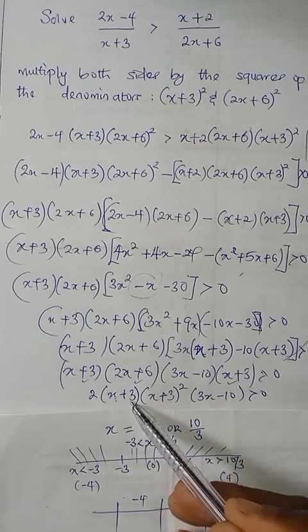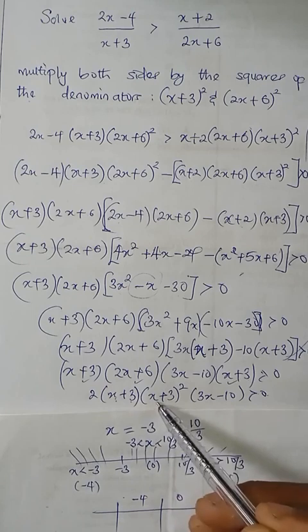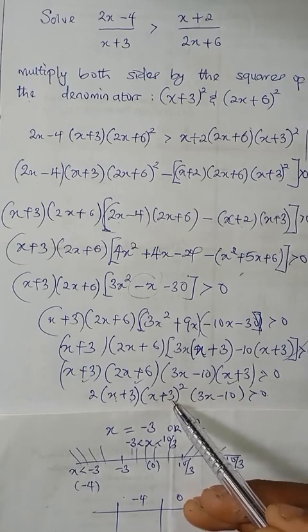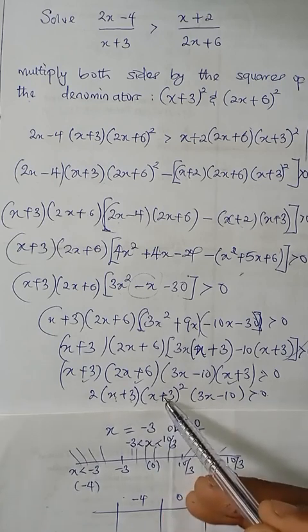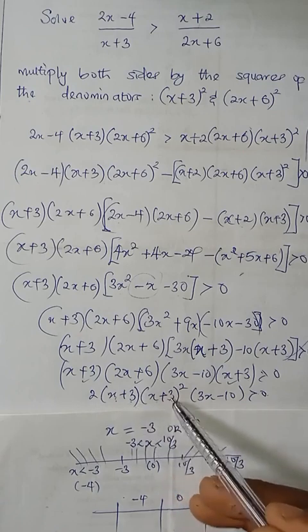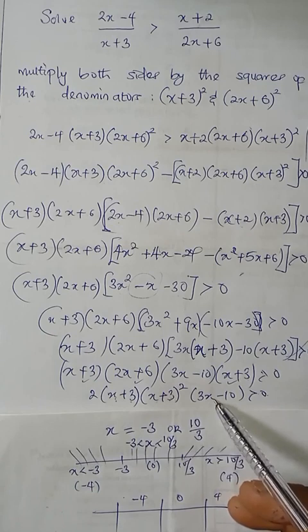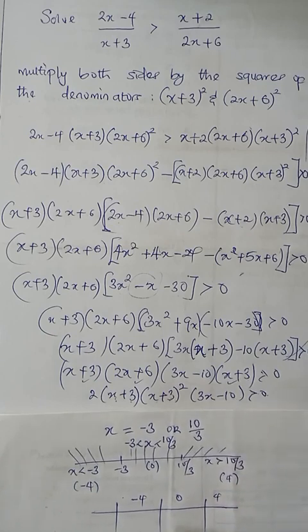Minus 4 plus 3 is giving me a negative sign. So negative 1. Minus 4 plus 3 here is also giving me a negative sign. So negative times negative is positive. What about here? This is 3 times minus 4, giving me minus 12. So that is negative.